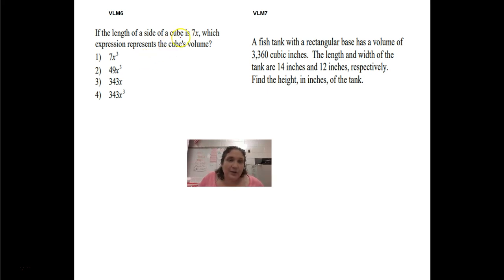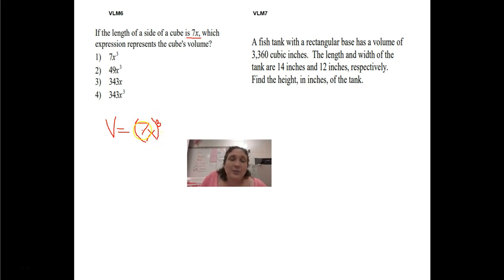The length of the side of a cube is 7x. Which expression represents the cube's volume? This is actually trying to confuse you. So here's our 7x. Here's the wrong way, is just putting a 3 up here. The formula for a cube says you have to multiply base times height, and base stands for the length times the width.